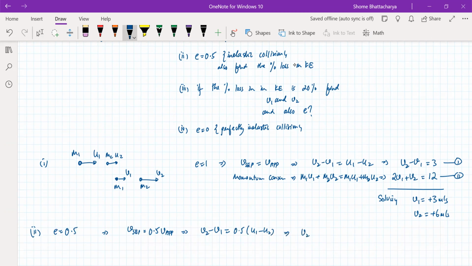So this equation changes to V2 minus V1 is equal to 1.5. Whereas momentum conservation still gives us the same equation. There's no difference in that equation. So 2V1 plus V2 is still 12. Now solving these, you get V1 and V2 as something different.